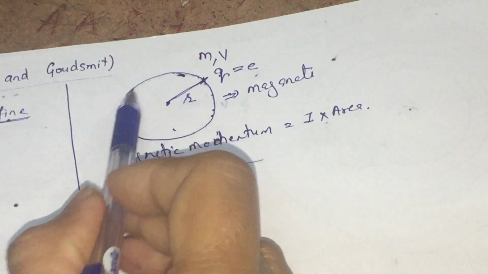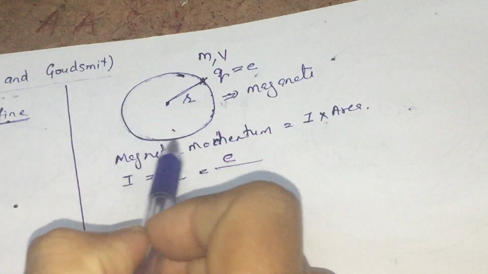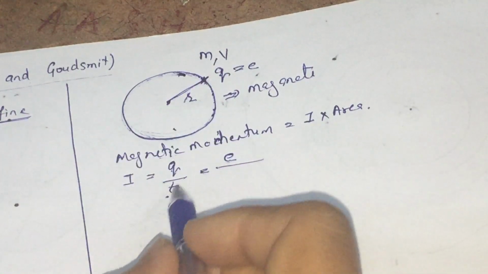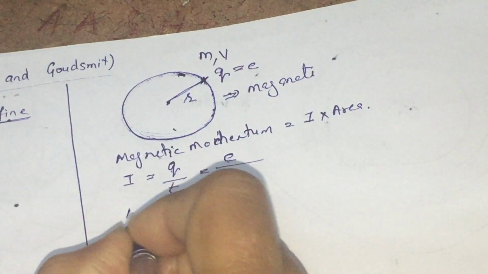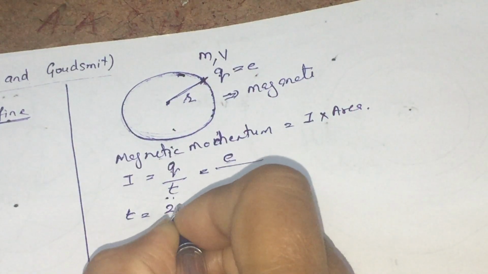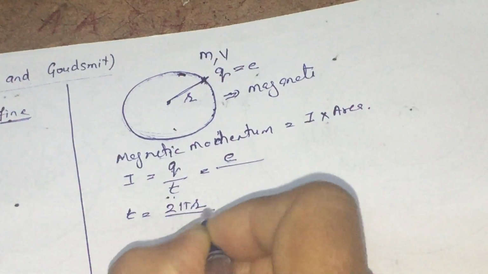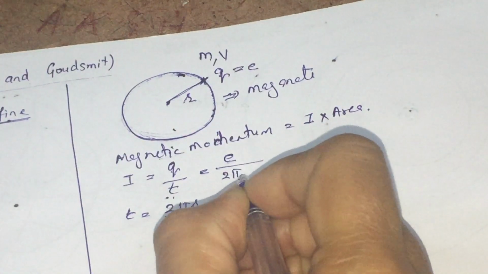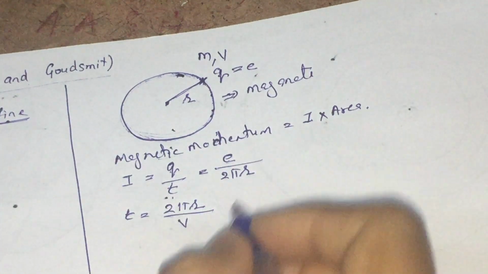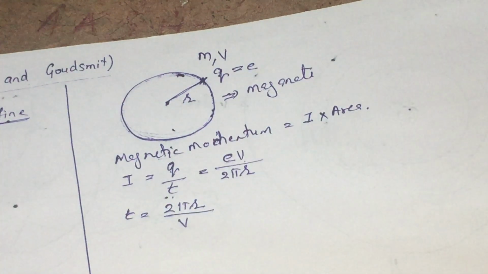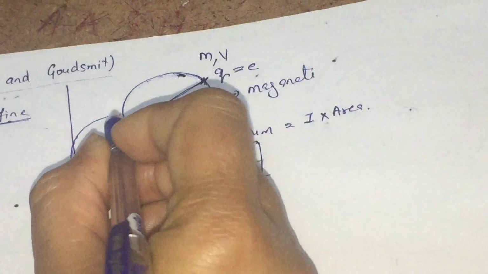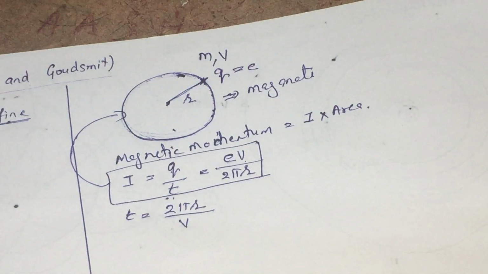T is the time period of one revolution of the charge in this loop, and we will give this time period in terms of the circumference, that is 2 pi r divided by velocity. If we put this value, we will have e v upon 2 pi r. This is the current flowing in this loop if an electron is moving in a loop of radius r.